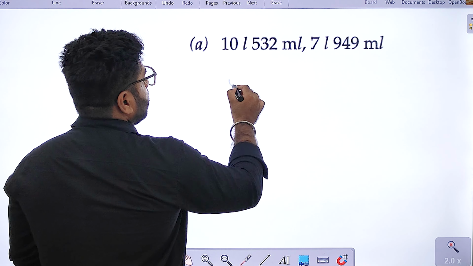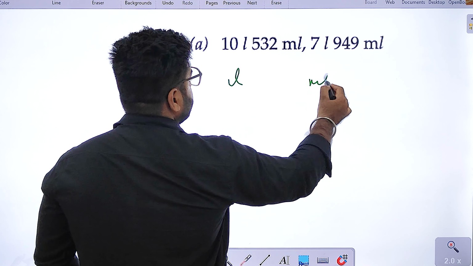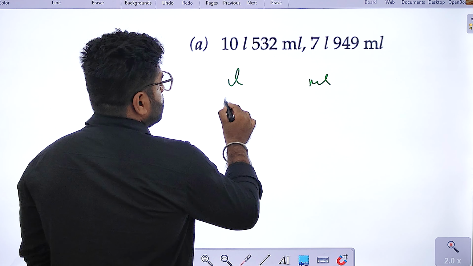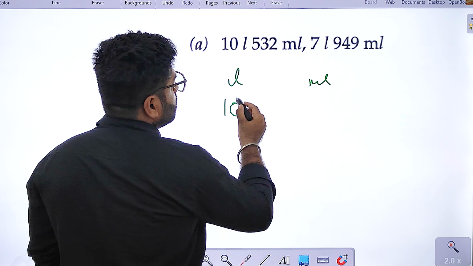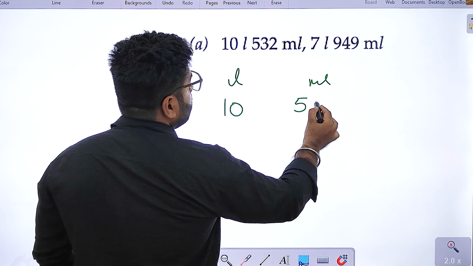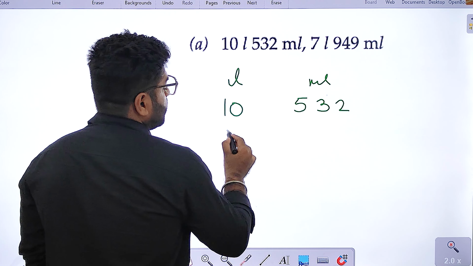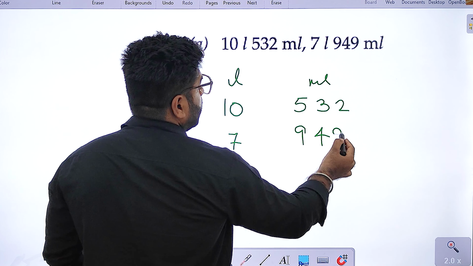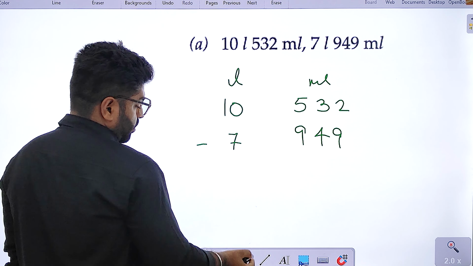So here we are having liter and milliliter. So first capacity is 10 liter and 532 milliliter, and the second is 7 liter and 949 milliliter. Now you have to subtract them.